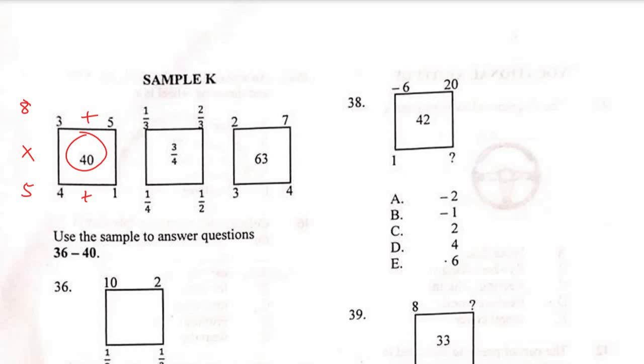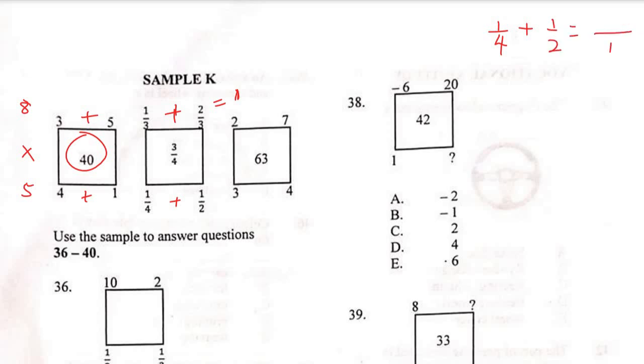With this sample, we can actually solve the questions, but we can also check if what we've done is correct by looking at this. 1 over 3 plus 2 over 3 will give us 1. Okay, then for this, take the LCM of 4 and 2. Let's solve it here. 1 over 4 plus 1 over 2.